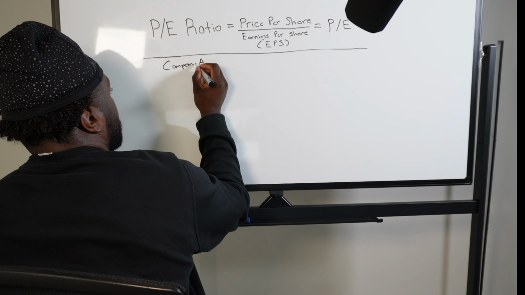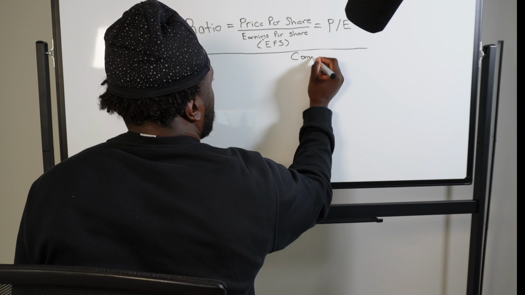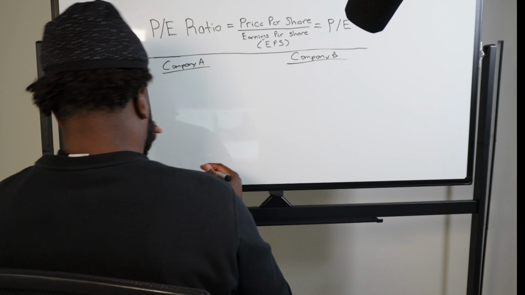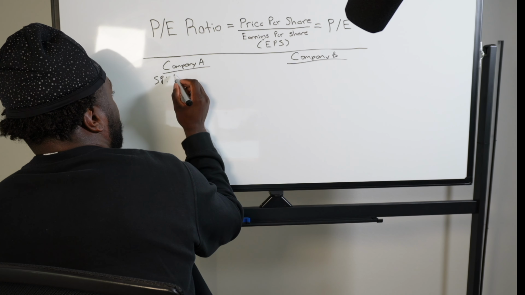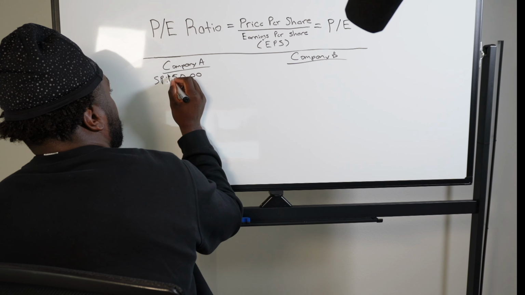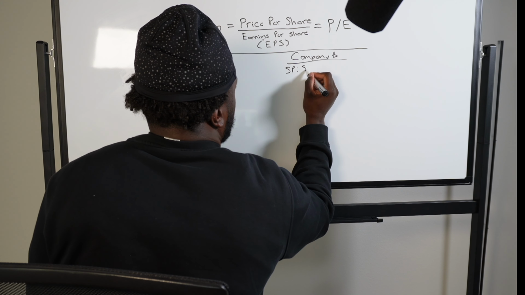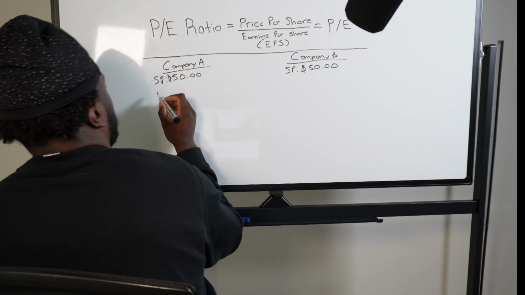Company A, company B. Now, SP is share price. Share price $50. Share price, company B, $50.